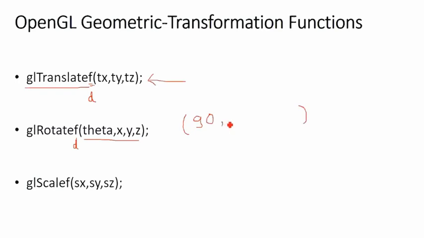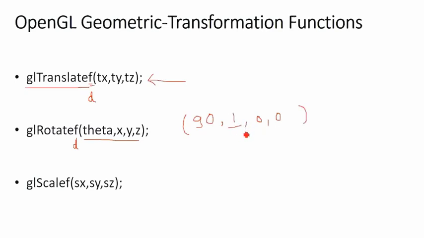The second thing that we would like to give is the axis of rotation. The axis of rotation can be specified by setting some axis value to 1. So if I write 90, 1, 0, 0, it rotates the object around the x-axis by 90 degrees.